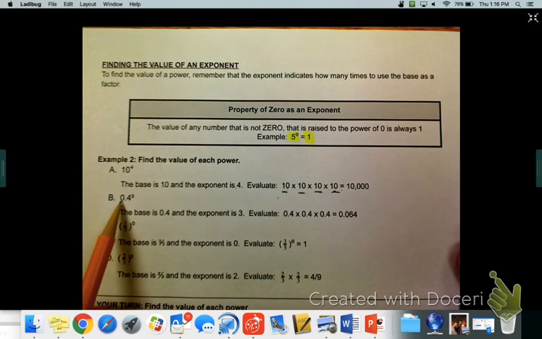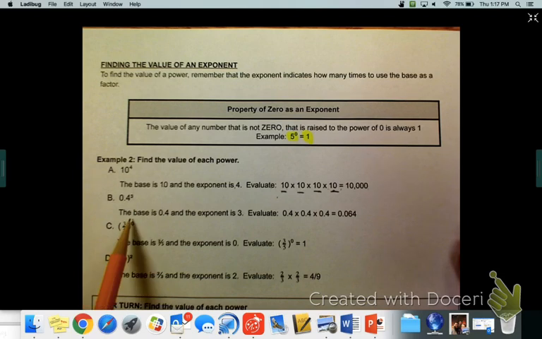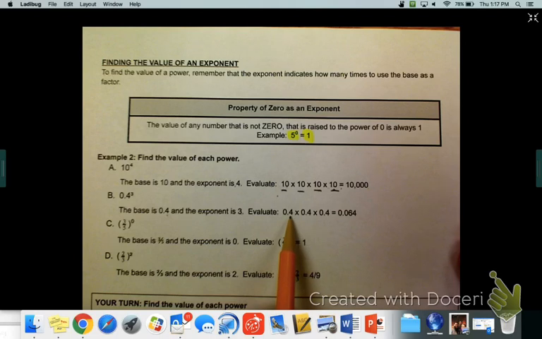B says 4 tenths cubed, or 4 tenths to the 3rd power. My base is 4 tenths, my exponent is 3. So to evaluate this or find the value, I'm going to write 4 tenths times 4 tenths times 4 tenths. And I would get 64 thousandths as my answer.